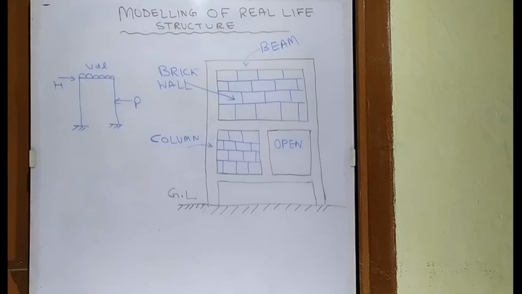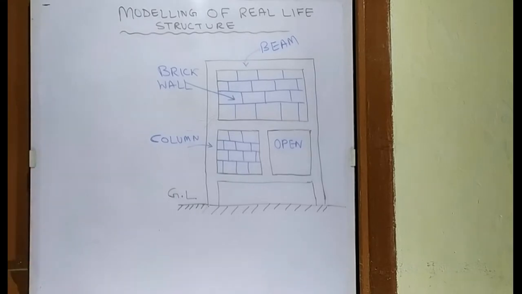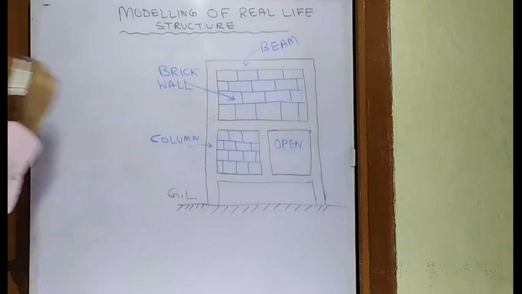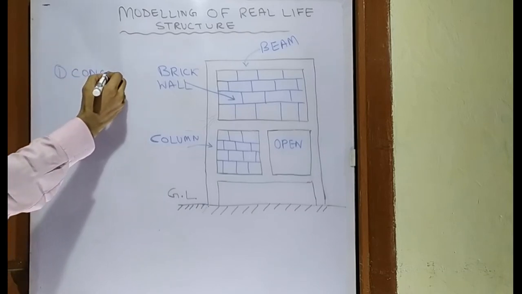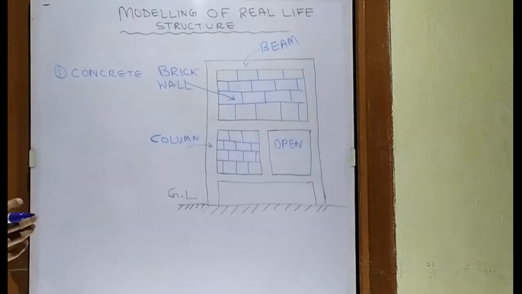First of all, let us discuss the uncertainties. What are some uncertainties which may happen in our modeling which we cannot take care of very accurately? Let us take a very common one, which is concrete. Concrete is a very variable material.